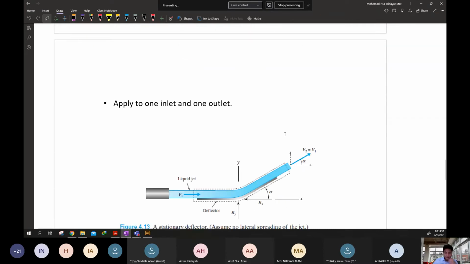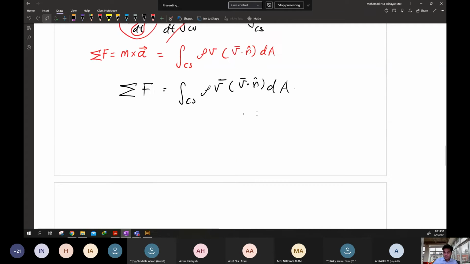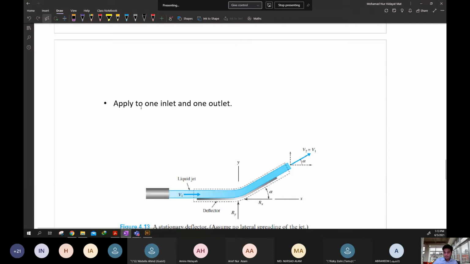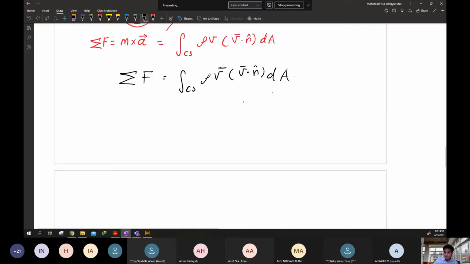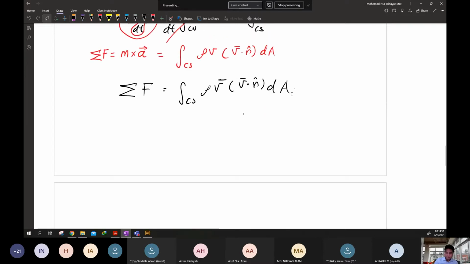So let's say we can apply this momentum equation to this case, where we have one inlet and one outlet. This is at position 1, the inlet, and this is at position 2, the outlet. From this equation, we can apply the control surface from point 1 to point 2, inlet to outlet.